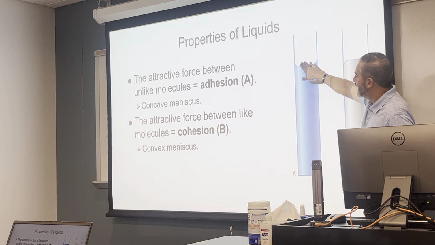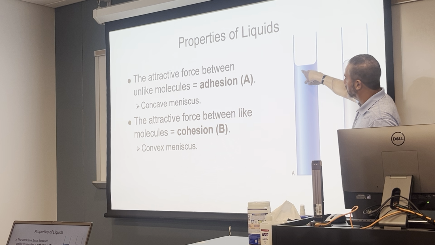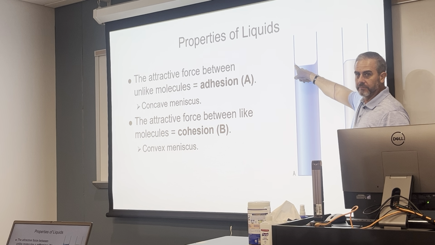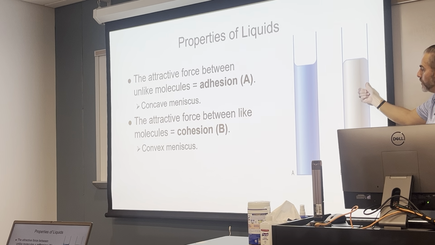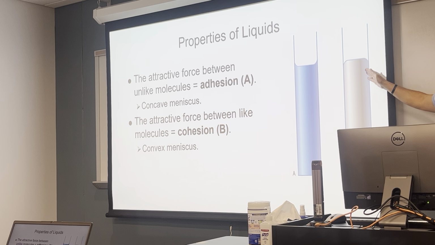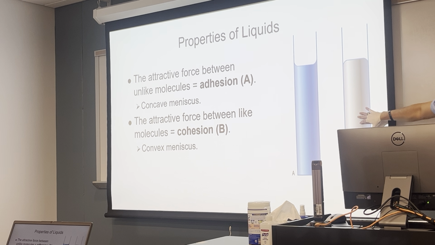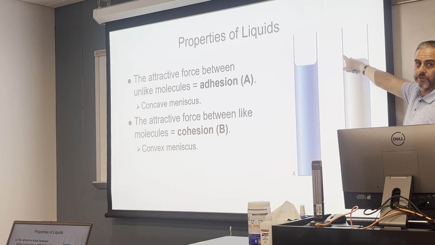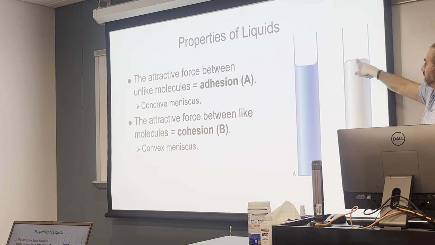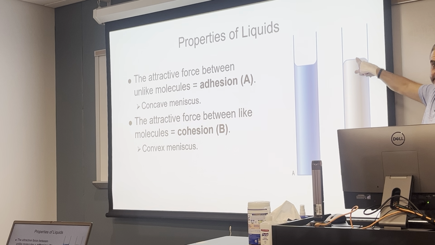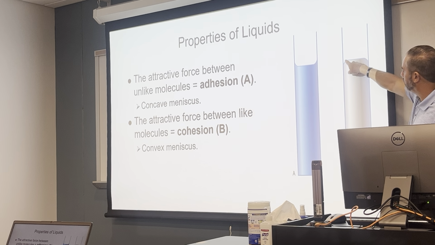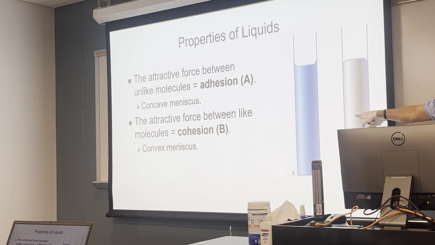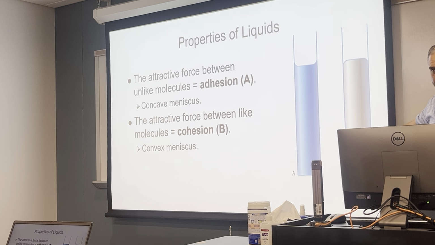That's the adhesion, the attractive force between unlike molecules, as opposed to cohesion, where the liquid doesn't want to hug the unlike molecule, it wants to hug to itself and stay attached. We call that cohesion, and it has this convex shape, a liquid like mercury.